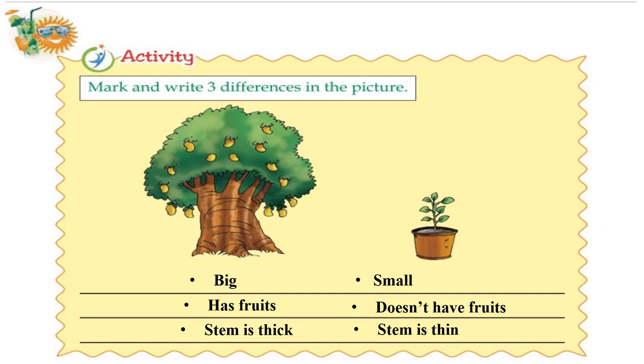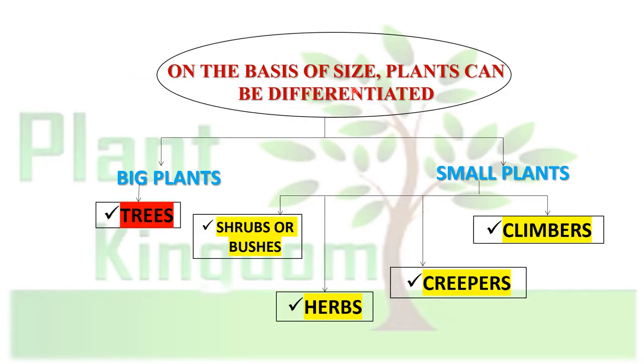Now moving further, on the basis of the size, plants can be differentiated into big plants and small plants. Under big plants come trees and under small plants there are shrubs or bushes, you can say. The next one is herbs, then creepers, and the last one is climbers.